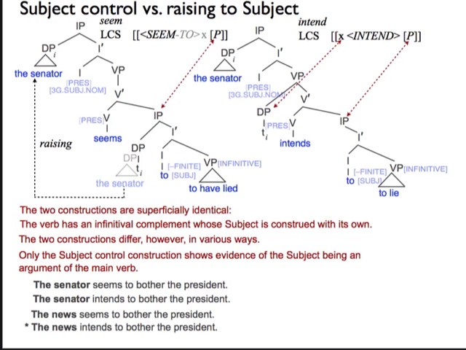But it's not raising though. There's a relationship between those, but it's not the relationship of raising. It's a different relationship that is known as control. The way that control works is that we have an empty DP in the subject slot of the embedded IP.